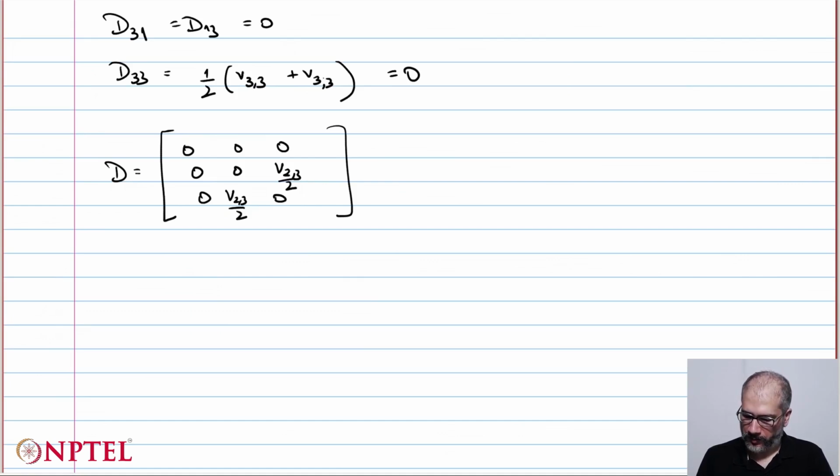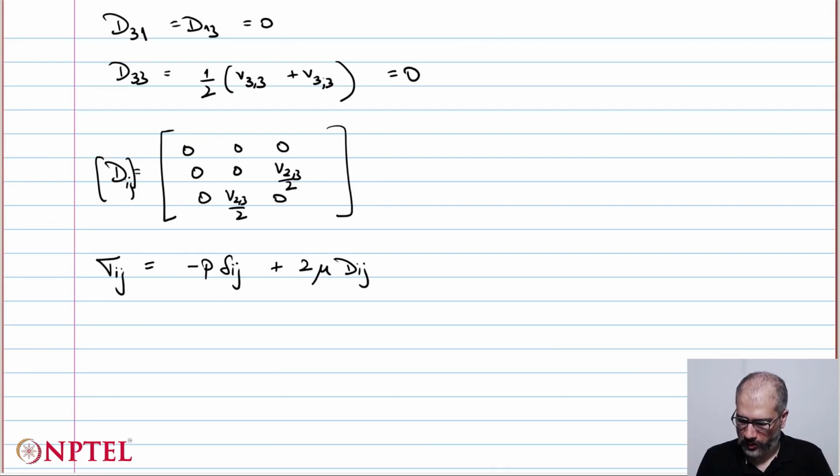And now I can find my sigma, which was given as minus p times delta_ij plus twice mu D_ij minus 2/3 mu times D_kk times delta_ij. Now we can clearly see that D_kk is a 0.